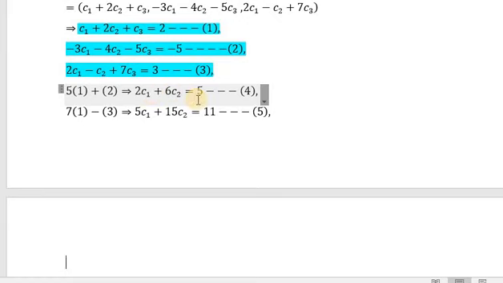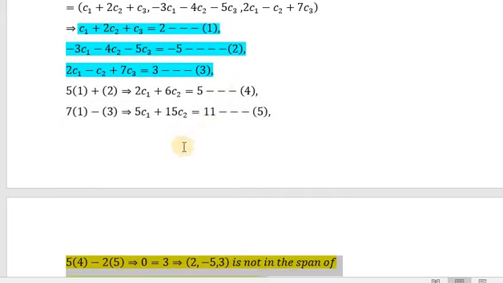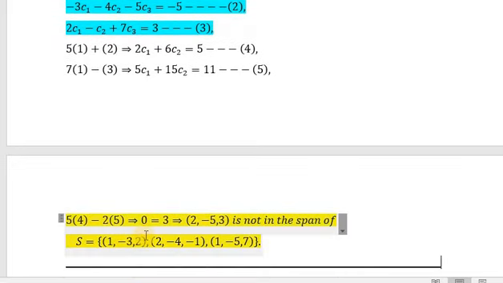Now by solving these equations, we get 5 into equation 1 plus equation 2 gives 2C1 plus 6C2 is equal to 5. Take this as equation 4. And 7 into equation 1 minus equation 3 implies 5C1 plus 15C2 is equal to 11. Take this as equation 5. Now by solving 4 and 5, equation 5 into 4 minus 2 into 5, which implies 0 is equal to 3.